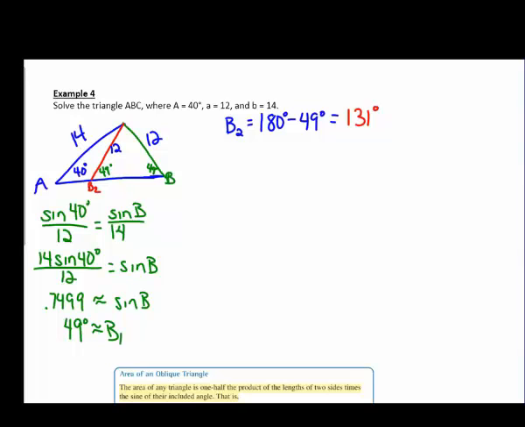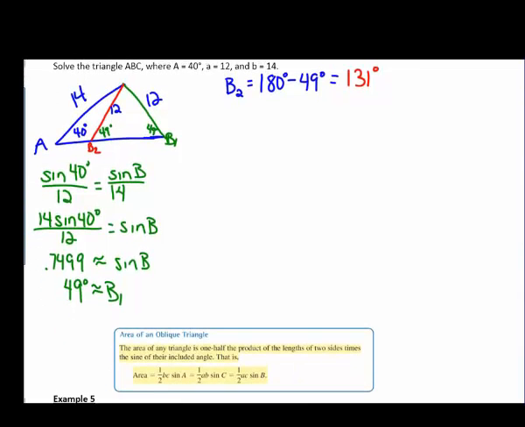All right, so the green triangle is B sub 1, and the red triangle gives us B sub 2. So now we can find angle C. For the green triangle, angle C sub 1 is going to equal 180 minus 89, because that's the sum of angles A and B. And that's going to give us 91 degrees for angle C in the green triangle.